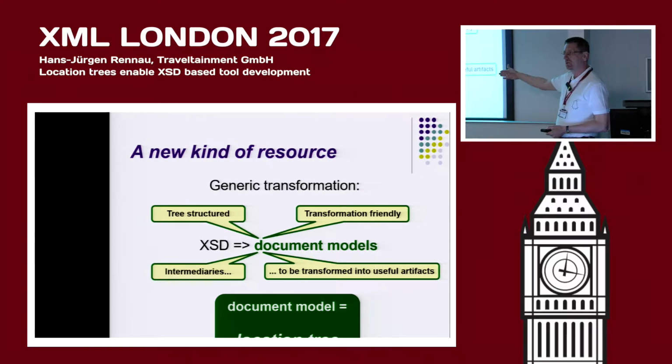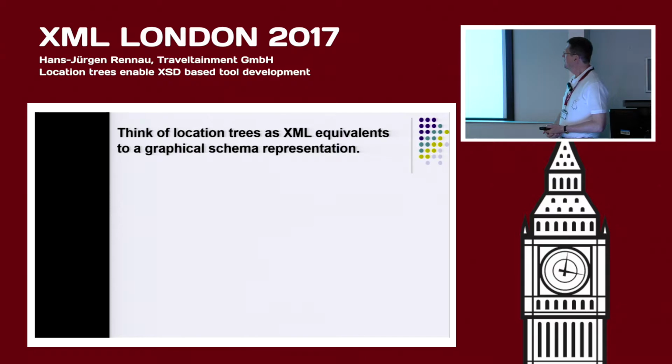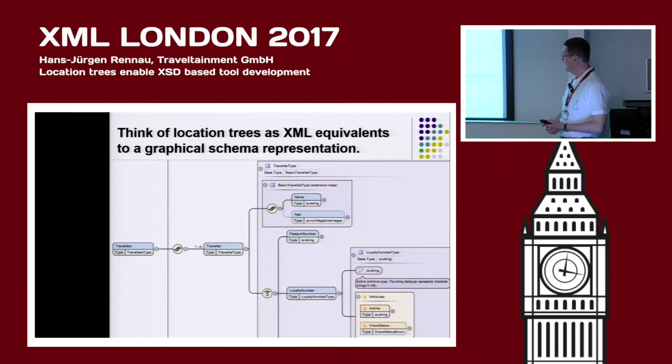Now it's time to define the document model, and I call it a location tree. Think of location trees as XML equivalents of the graphical schema representation we are used to from IDEs, as shown on this slide.